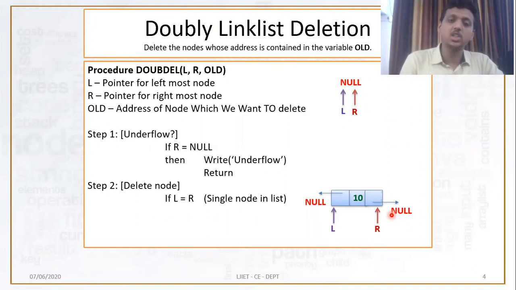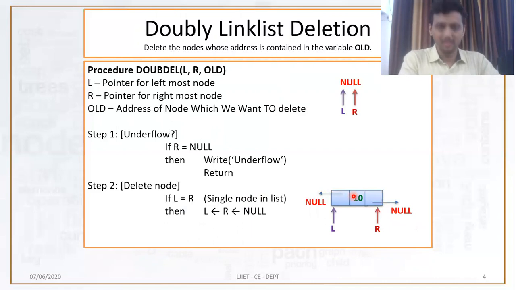That's why my condition is: if L is equal to R, it means only one single node is there in the list. After deleting this node, what happens? L and R both point to null.